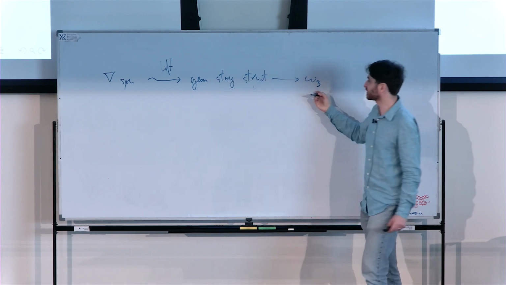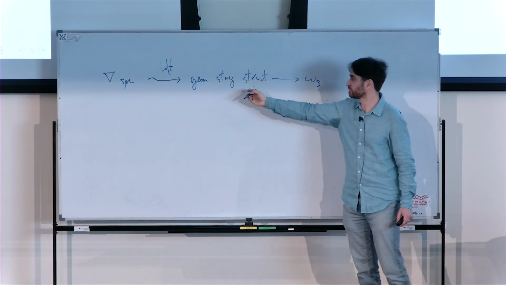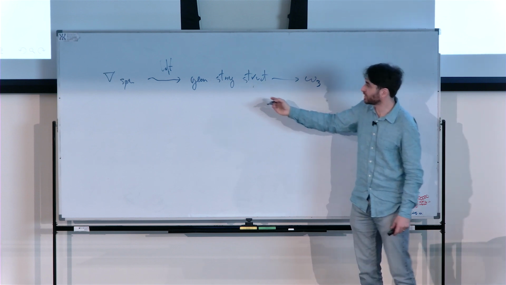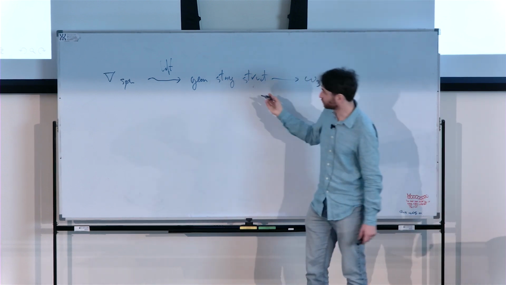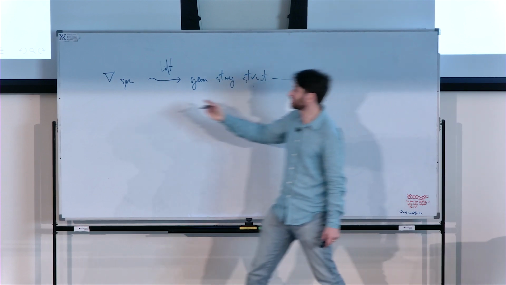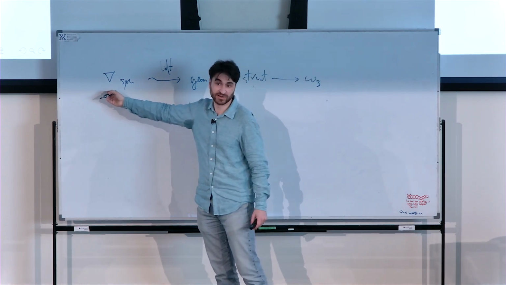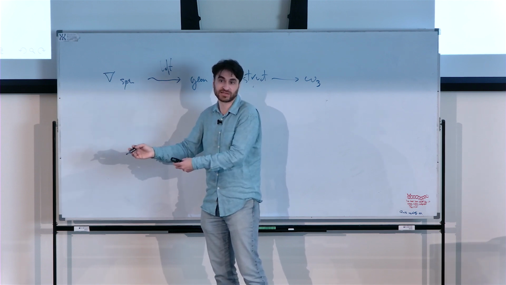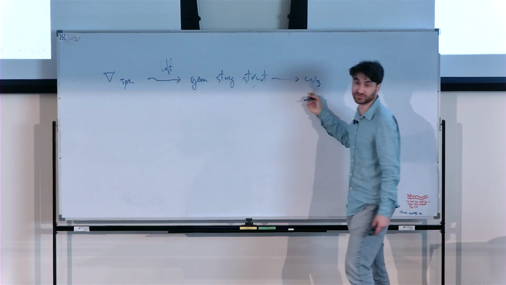This omega 3 is the obstruction to lifting this to a string connection. Okay, but my datum was completely topological. This is some choice I made. So I could start with another spin connection and hope that this time this vanishes.